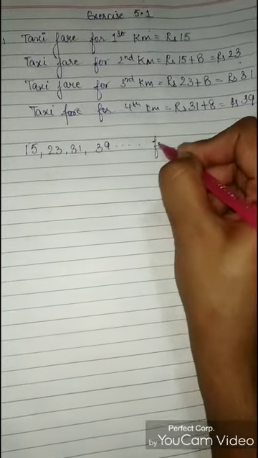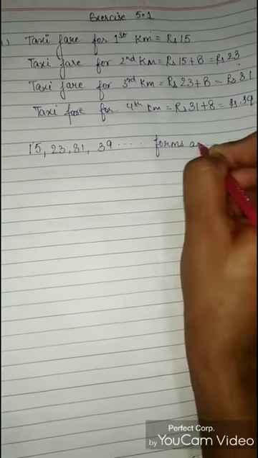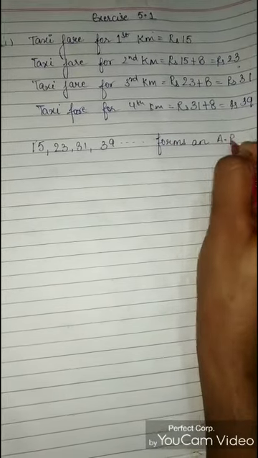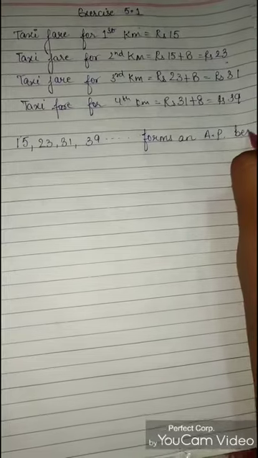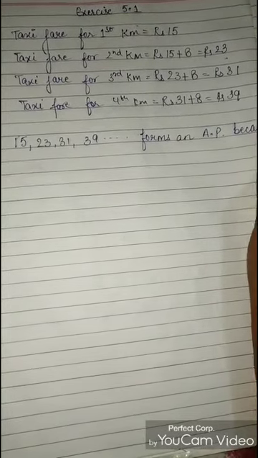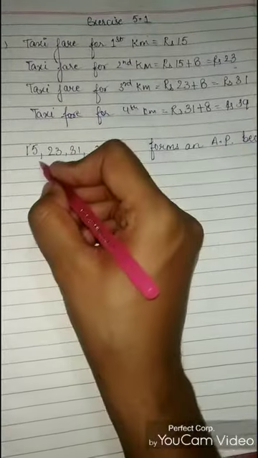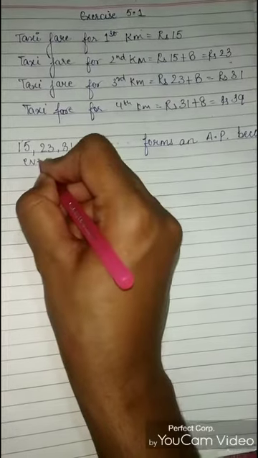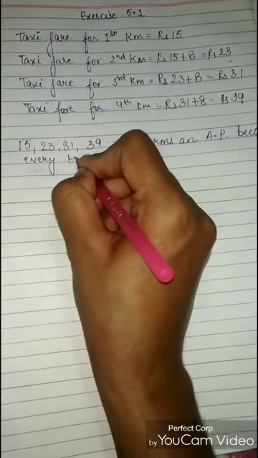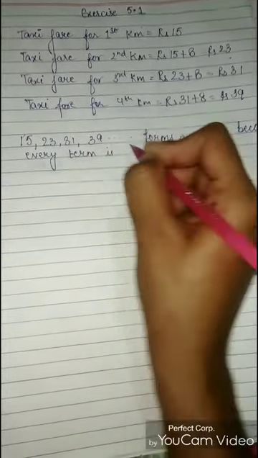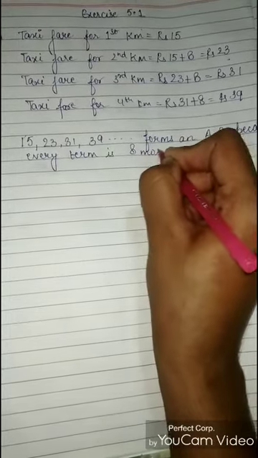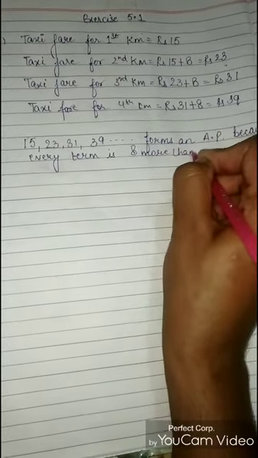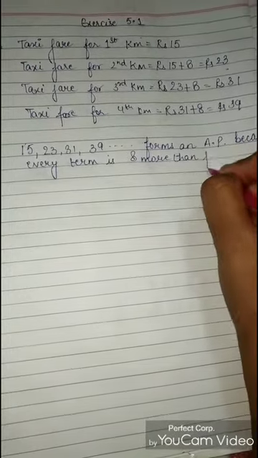This forms an AP. Why so? Because every term is 8 more than the preceding term.